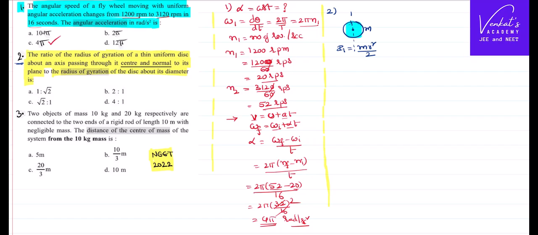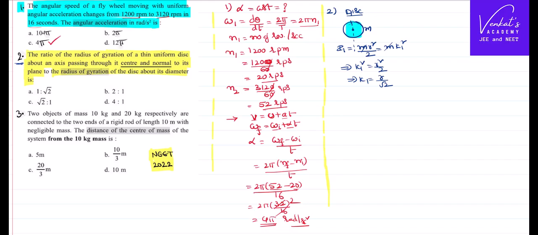This can be expressed as radius of gyration, mk square. Being the first case, I am calling it mk1 square. m can be cancelled. That implies k1 square equals r square by 2, so k1 equals r by root 2. That's for the first case.